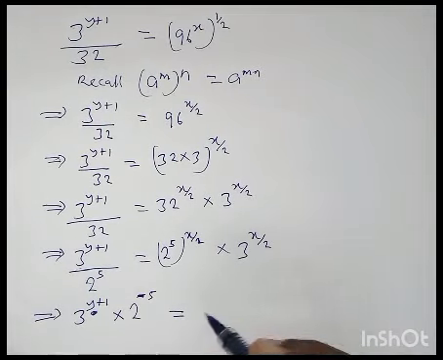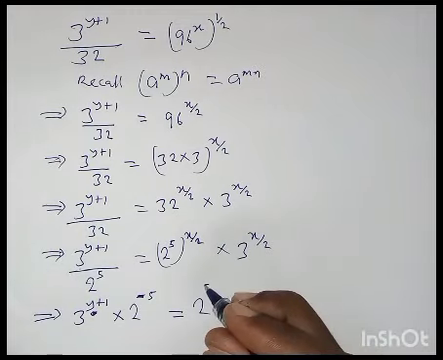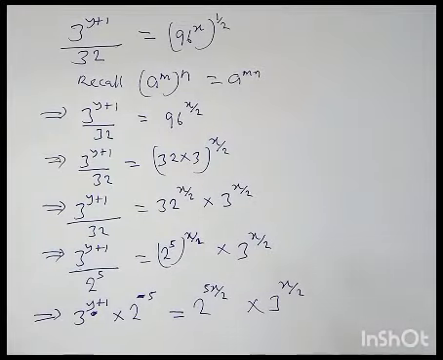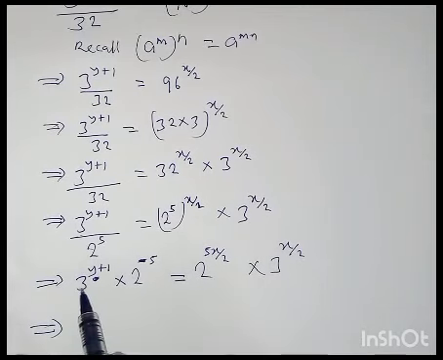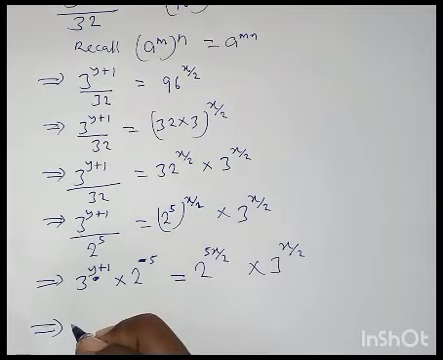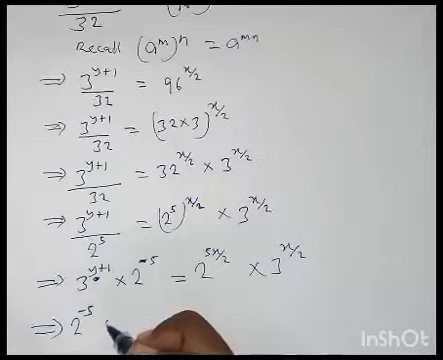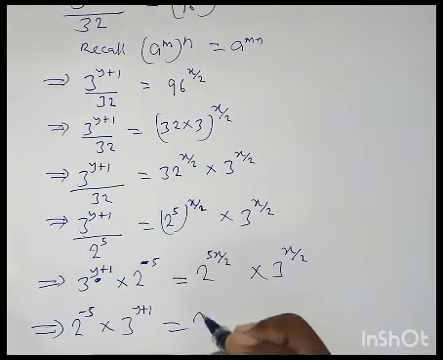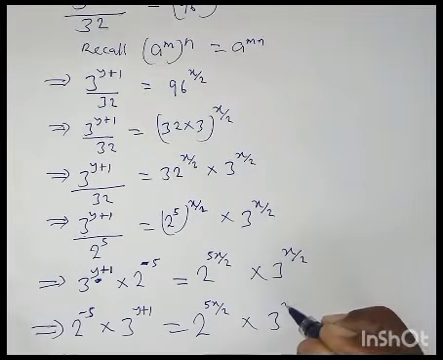Then equals 2 to the power 5 times x over 2, which gives 5x over 2, then multiply by 3^(x/2). Because multiplication is commutative, this is 2^(-5) times 3^(y+1) equals 2^(5x/2) multiplied by 3^(x/2).